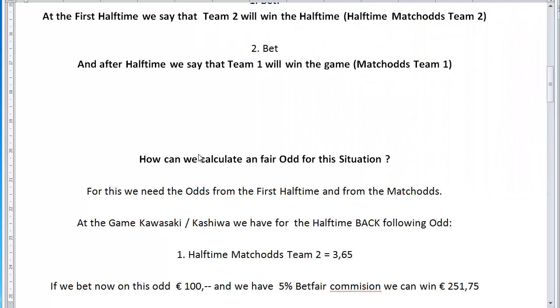Okay, if we bet 100 euros at the odd of 3.65 for this explanation, and we have a 5% Betfair commission, we can win 251.75 net profit.